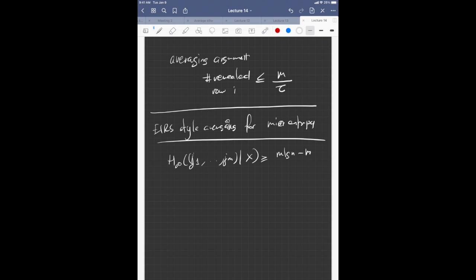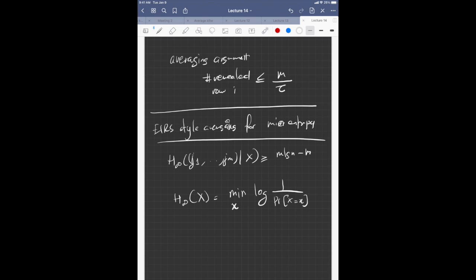Okay. So just to remind you, what was the definition of min entropy? The min entropy of a random variable x was the same definition as the entropy, but instead of an expectation we take a minimum over the values small x of log 1 over the probability that x equals small x.